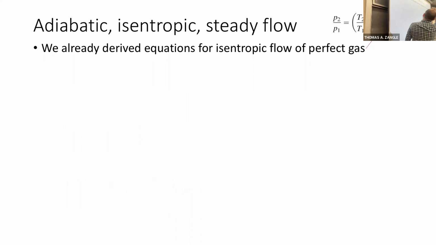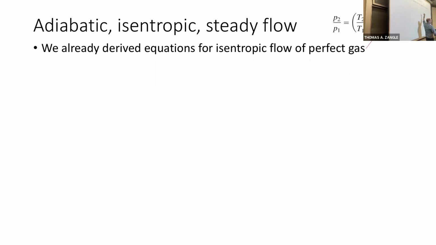We have thus far been considering isentropic flow of a perfect gas. If you remember, before we discussed the speed of sound and developed an expression for it, we wrote down these expressions here in the top right, relating differences in pressure to differences in temperature and differences in density. In order to develop those equations, we assumed a perfect gas, so an ideal gas with constant specific heat.